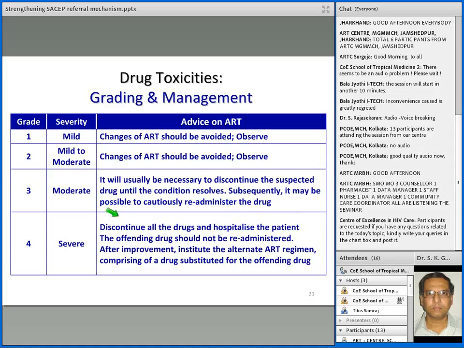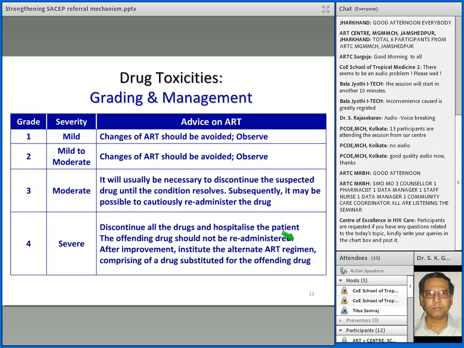And in case of severe rash or grade 4 rash, which may actually be life-threatening, you need to discontinue all drugs, not only antiretrovirals, all drugs which have the potential to produce rash, and also stop all unnecessary, non-emergency or non-mandatory drugs like vitamin B complex, multivitamins, etc. You need to hospitalize the patient, and the offending drug should not be re-administered.